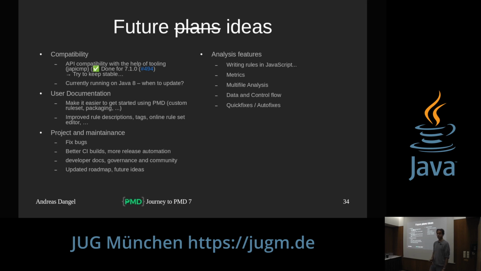Another part is metrics. We have some metrics calculations that rules can use, like complexity metrics. This feature request goes more in the direction that PMD could be used to calculate metrics of a project, to get more insight about the project, how big it is, how many classes there are, what is the size of the classes on average, something like that.